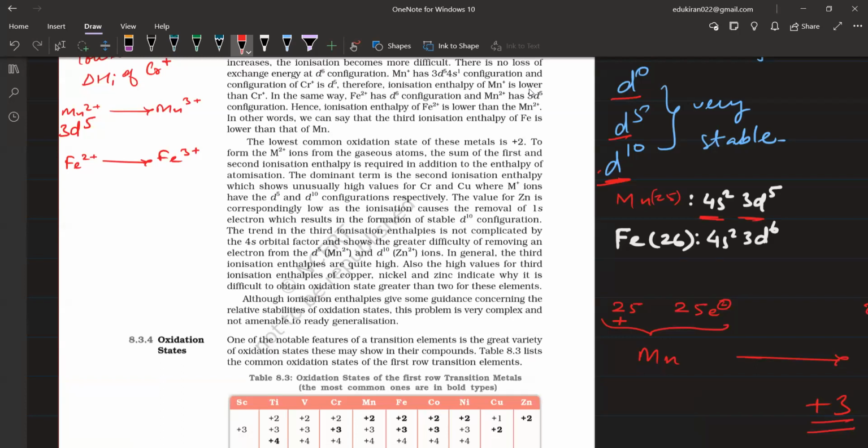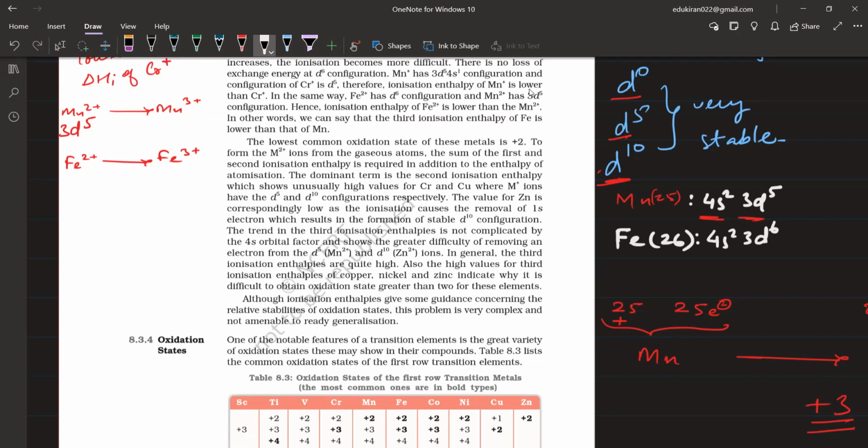How many electrons have you removed till now? One. You will remove another electron from where? Tell me. Okay, let's try again with a fresh mind.